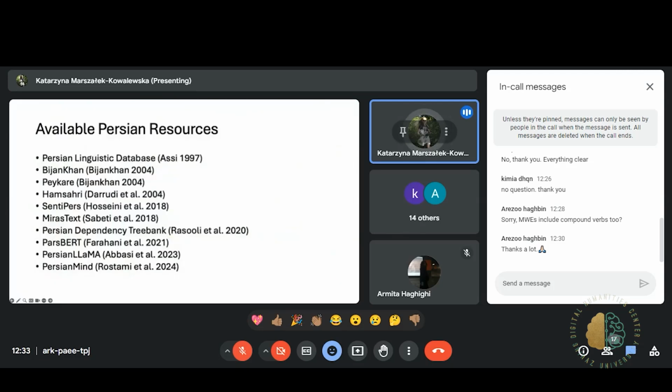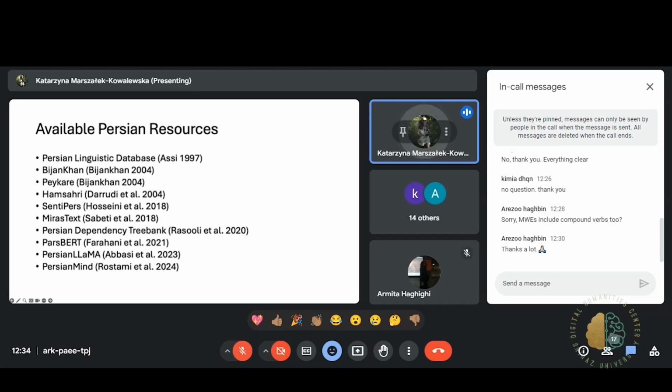The problem with Persian, being one of the most popular languages of the web, I think this year the 4th or 5th most frequently used language of the web, is that despite this huge amount of data in Persian, there are not so many resources that can be used for NLP.